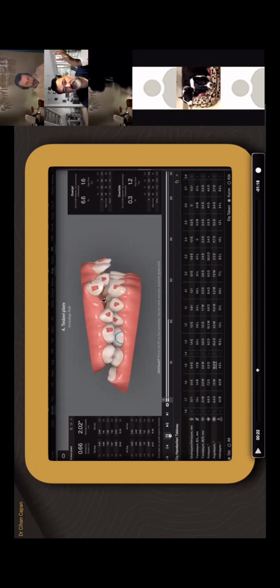If you don't use any pontic, you have better control, you have better plastic coverage on the distal surface of the canine and the mesial side of the premolar. So it prevents the mesial tipping and the distal tipping of these teeth.